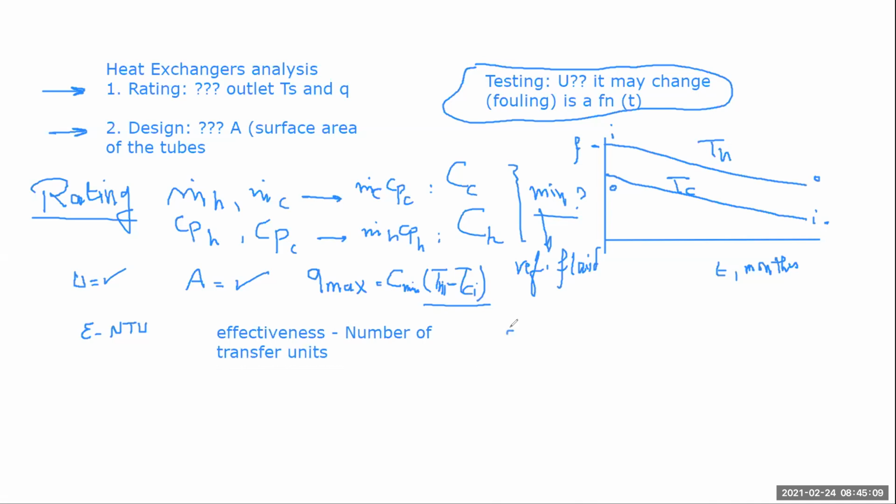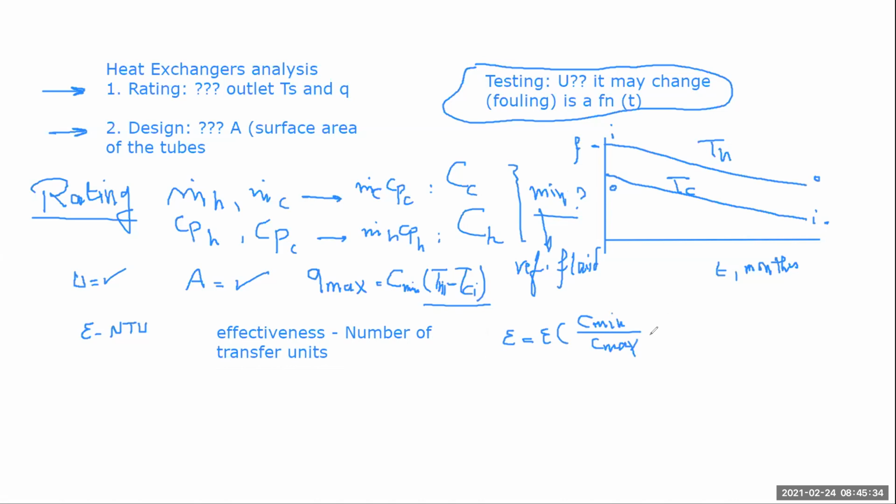We have the effectiveness as a function of the ratio C minimum over C maximum. As I mentioned, we calculate C hot and C cold. The lower value is our C minimum, the higher value is our C maximum.